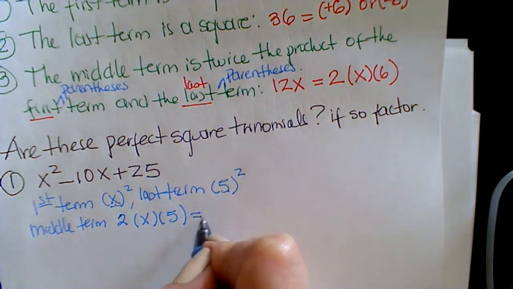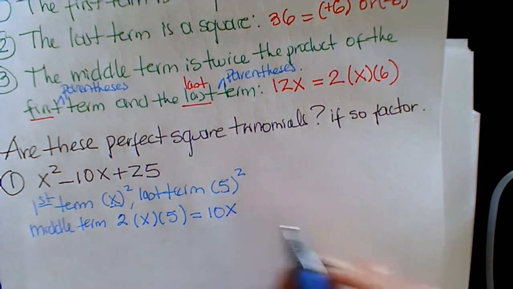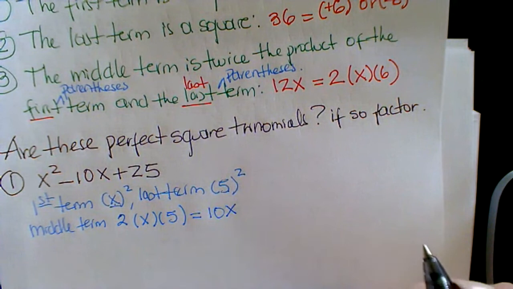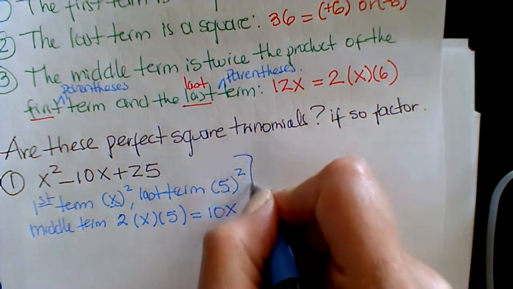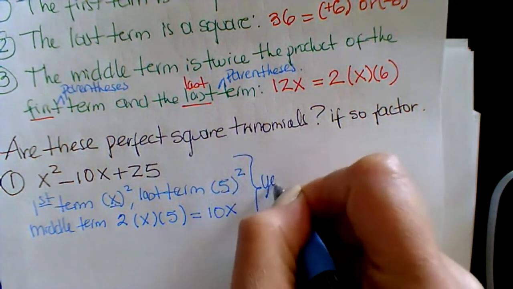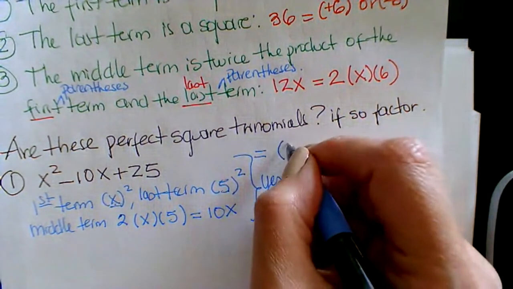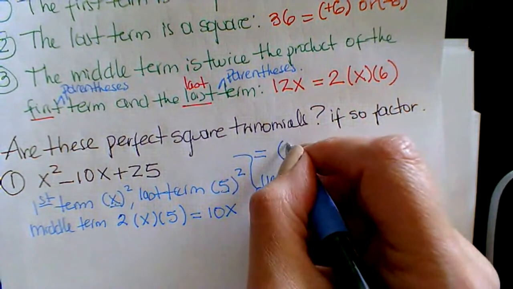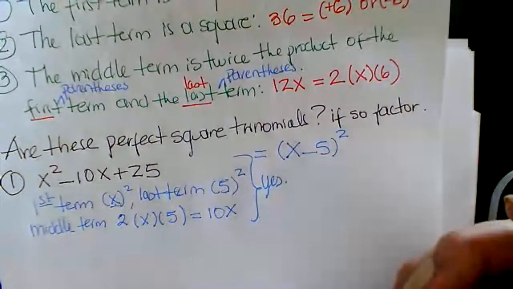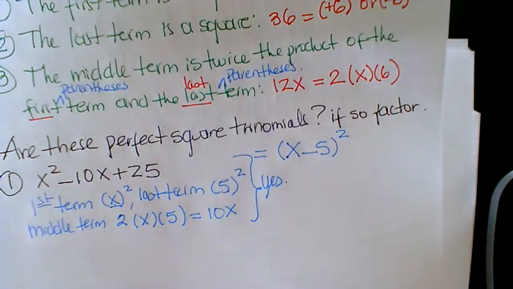And that gives us what? 10x. So this one, it is a perfect square. So this is going to be equal to what? x minus 5 squared. Okay?